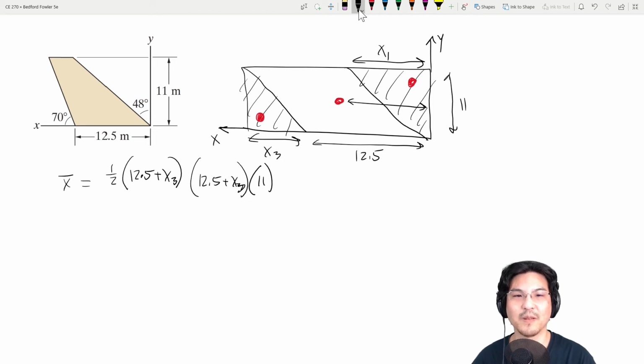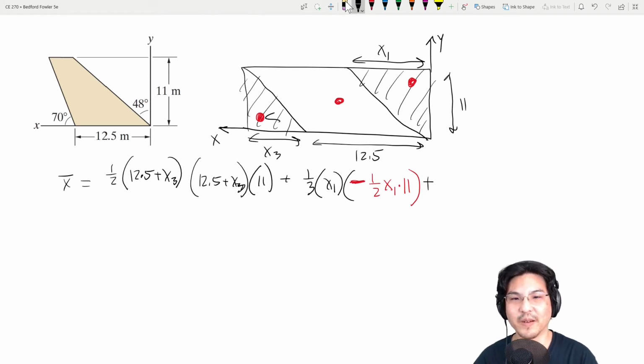Okay, and then now the first triangular cutout here on this side. So here to here is 1/3 of x1 times the area of this triangle, which is actually negative 1/2 base times height. Right? Negative because it's a cutout.